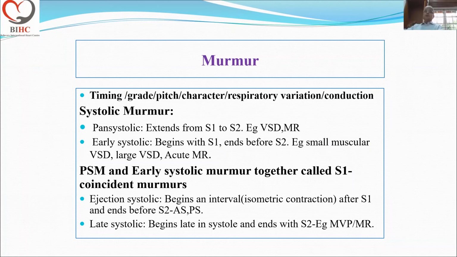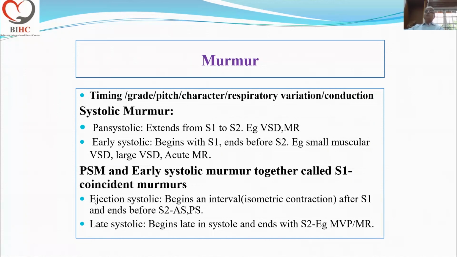Now, the American physiologists are using the word S1 coincident murmur to refer to pansystolic and early systolic murmurs together. An ejection systolic murmur begins an interval after S1 and ends before S2.